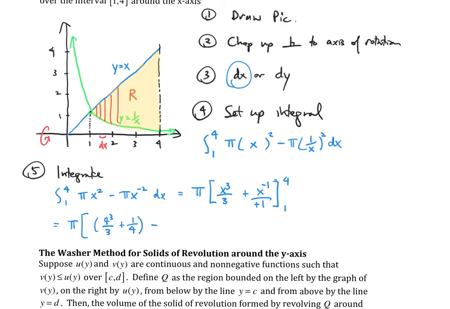And then when we plug in the 1, we're going to get 1 cubed, which is 1 over 3, plus 1. And I will let you simplify this fraction yourselves at home, but this is the volume that we get.